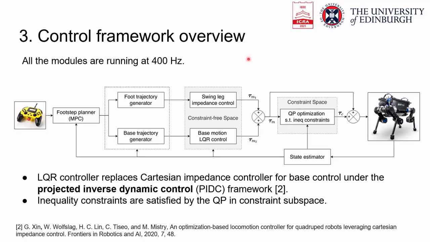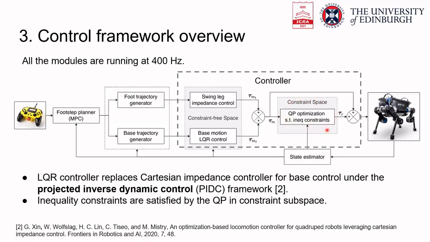We do the trajectory tracking in the constraint-free space, while a QP is used to satisfy all the inequality constraints in the constrained space. The QP will penalize the trajectory tracking torques if they violate the physical feasibility.